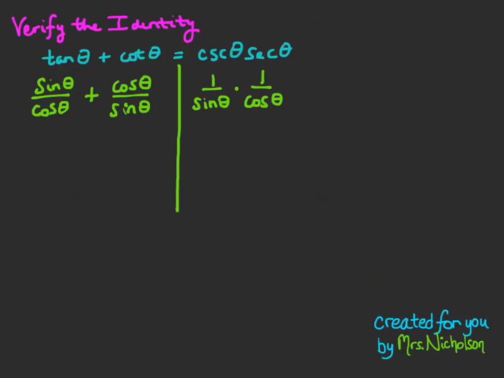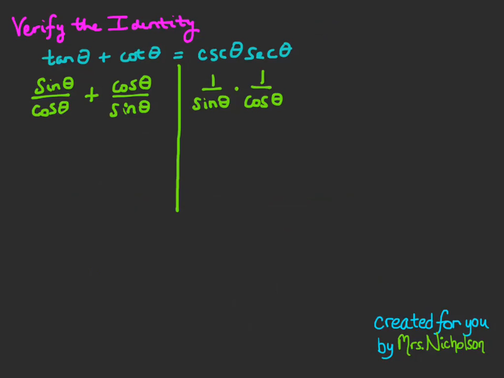All right, so now I have everything in terms of sine and cosine, but my two sides are not the same yet. So let's think about some of our other strategies. Notice that on the right, I have two things being multiplied together, and on the left, I have two things being added. Typically, when we see two things being added, especially fractions or rational expressions like this, it's helpful to go ahead and combine them by getting a common denominator.